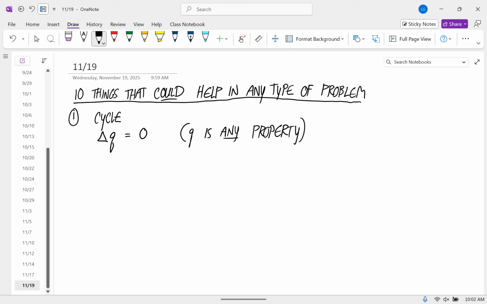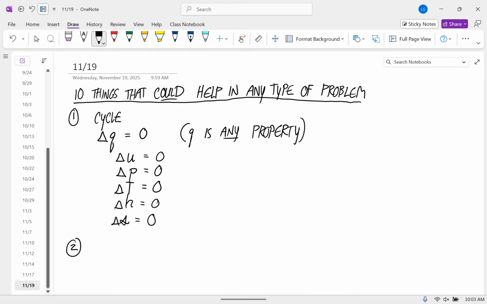That means delta U is zero, delta P is zero, delta T is zero, delta H and delta S. Let's just go with those. Whatever kind of property you're doing, if you have a cycle, there's no change from state one to state two.